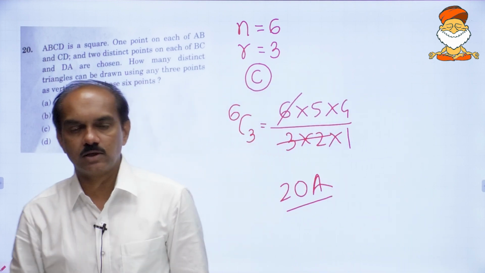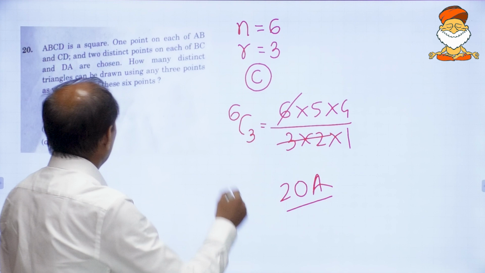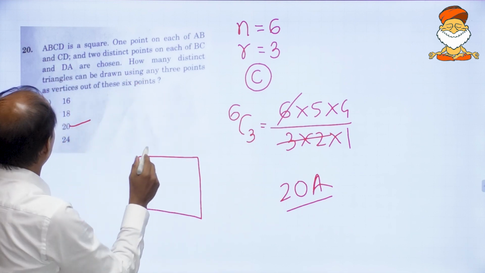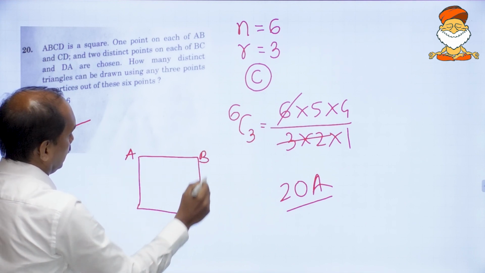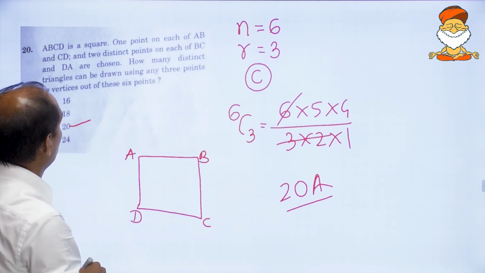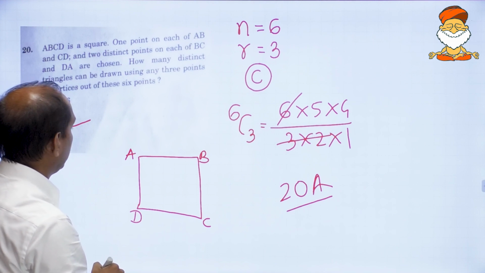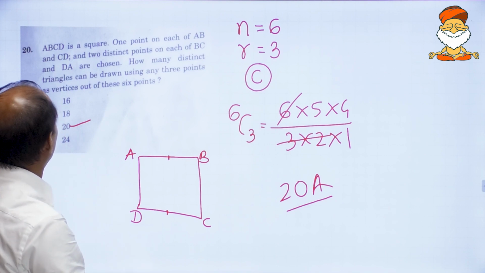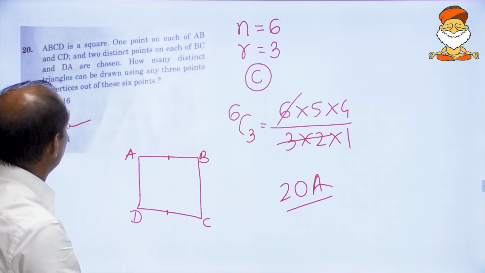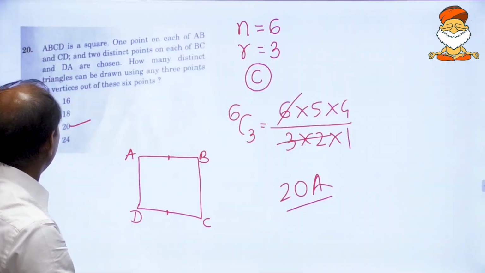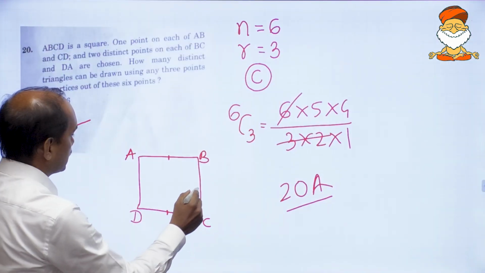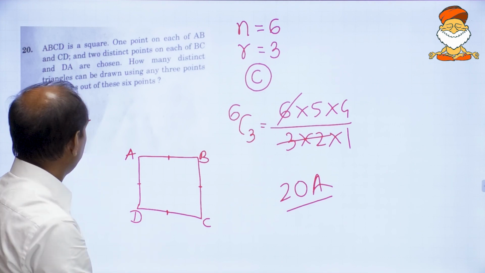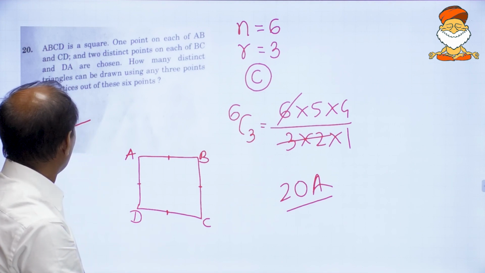So we are least bothered about whether it is a square or not, but still let's see how it works. ABCD is a square, and what he is saying, 1 point on each of AB and CD. AB and CD, 1 point. 2 distinct points on each of BC and DA are chosen.